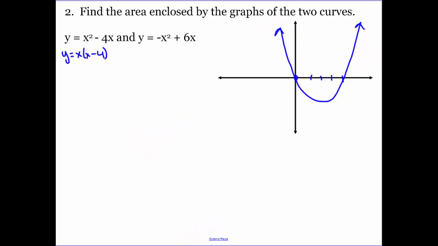The next one, if I factor out an x, we have x times (negative x plus 6), so our x-intercepts are 0 and 6. But with the negative out front, remember that means we're facing down.